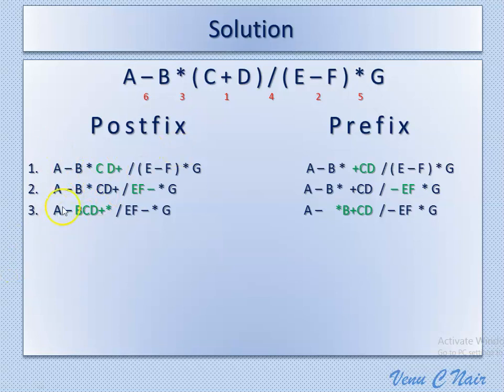Therefore, the conversion becomes B C D plus into in postfix notation, and in prefix notation, this is the second operand, this is the first operand. We are considering this multiplication. It has to be put in front of these two operands, so into the first operand and the second operand. I think you are getting it. The remaining portion of the expression remains unchanged.